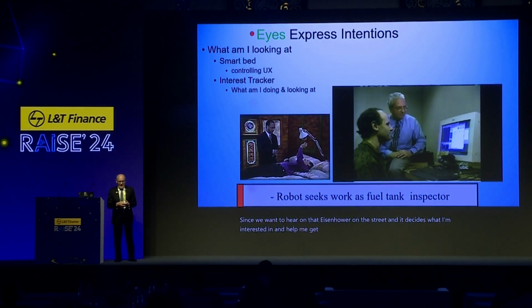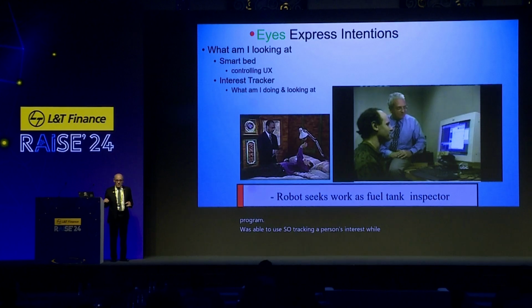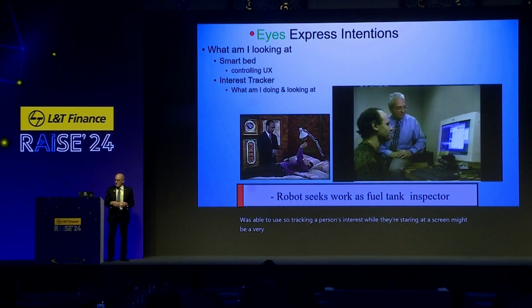While we were building this, it brought up some information from the compiler and help system that the person writing the program was able to use. So tracking a person's interest while they're staring at a screen might be a very powerful scenario for improving interfaces.